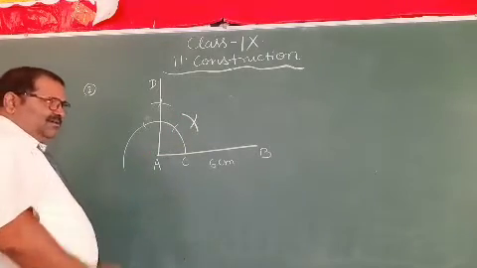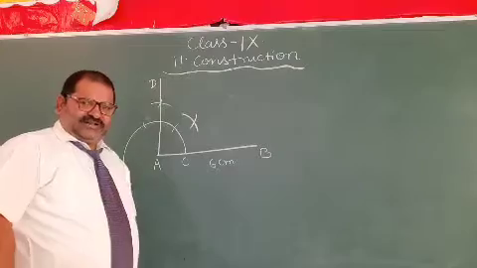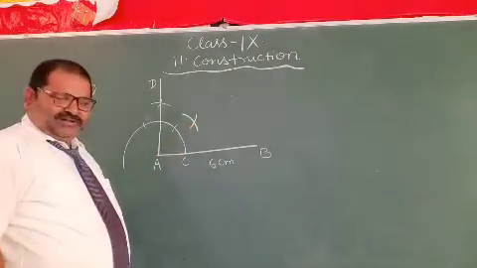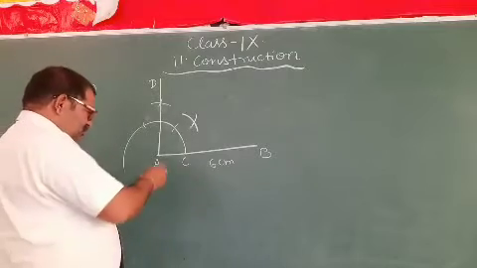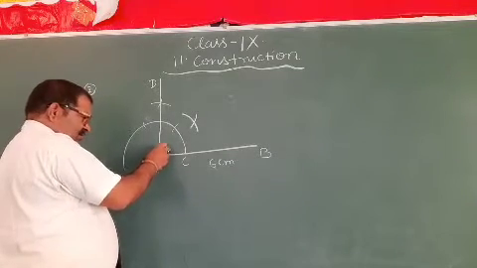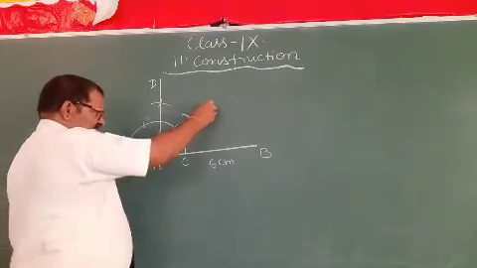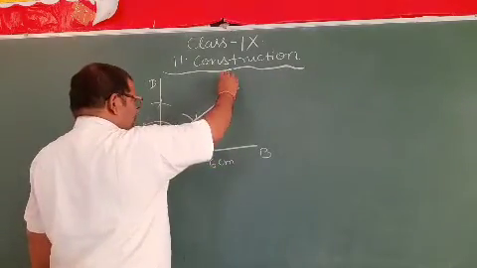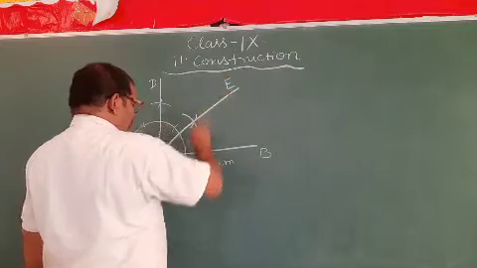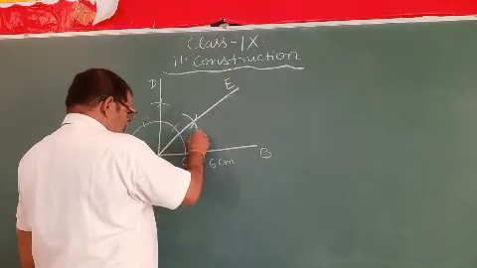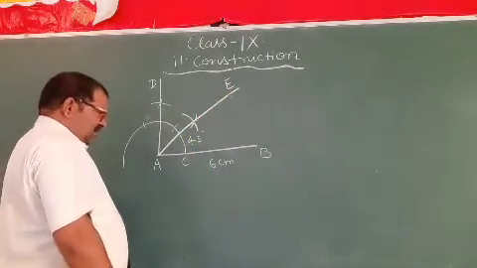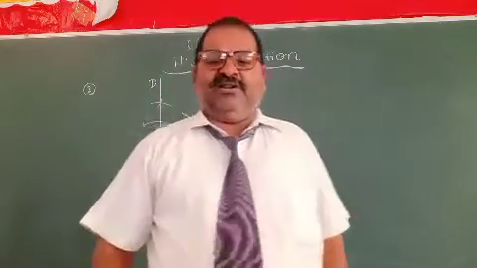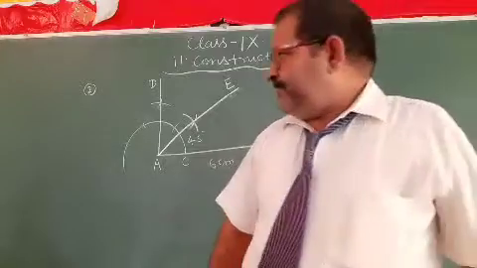The arcs intersect at the point, and now join A to the intersection. This point is produced to E. So the required angle is 45 degree. Clear?